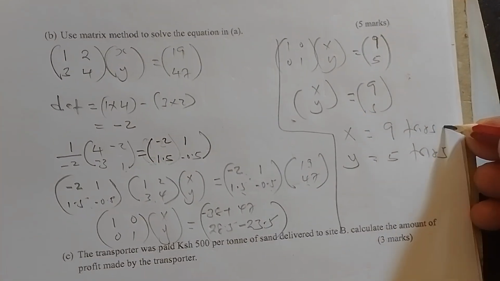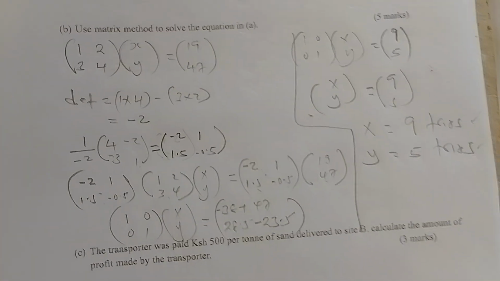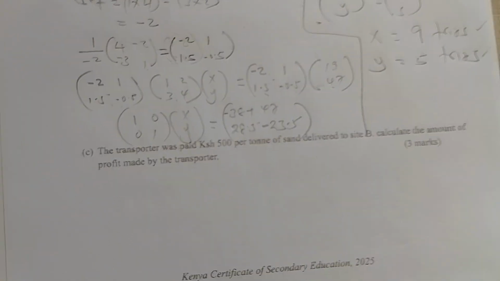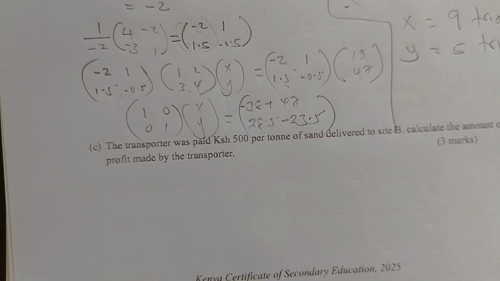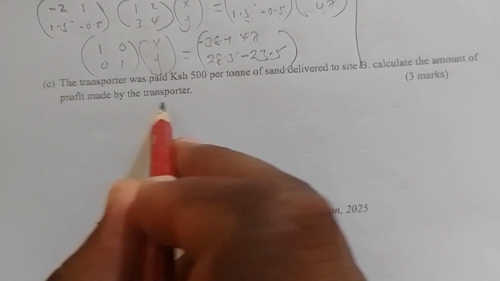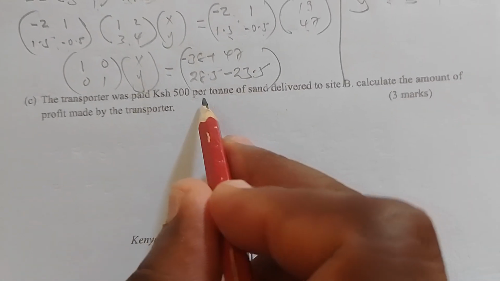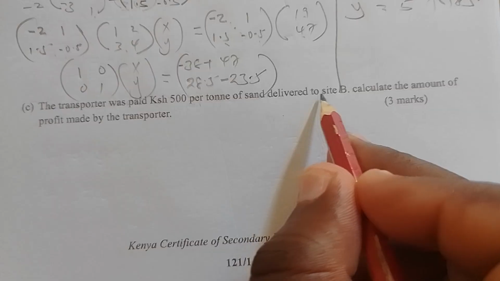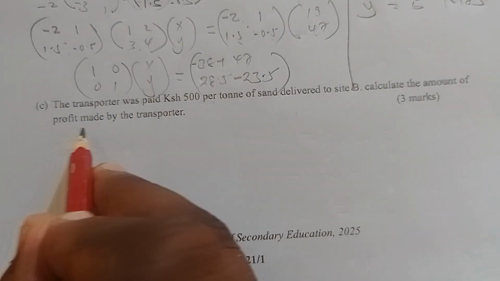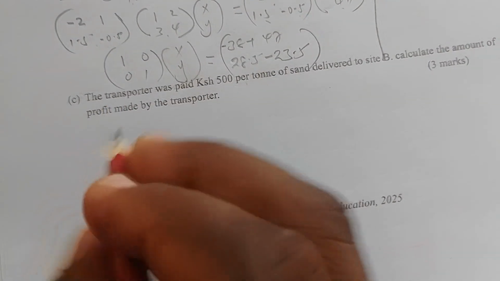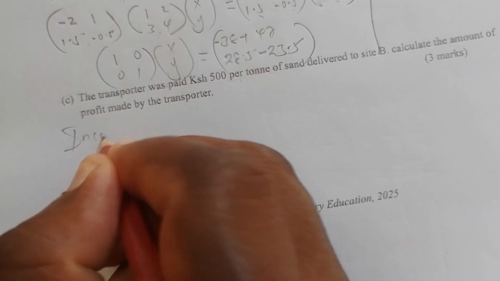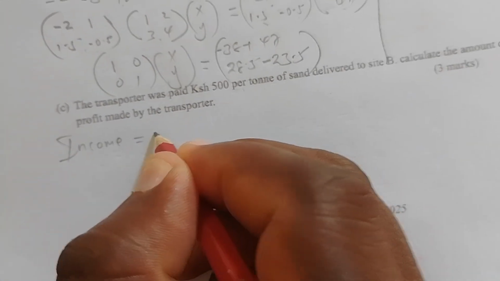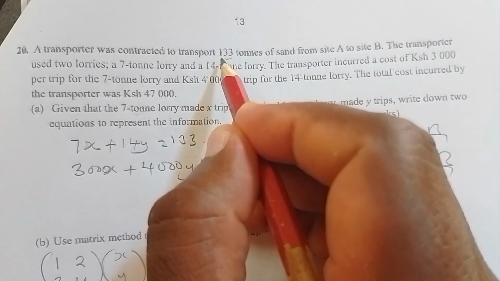So these are the values of x and y. And then from there now, the last part. The transporter was paid 500 Kenya shillings per ton of sand delivered to site B. Calculate the amount of profit made by the transporter. So what was the total income earned by this transporter? 500. The number of tons was 133, learners.